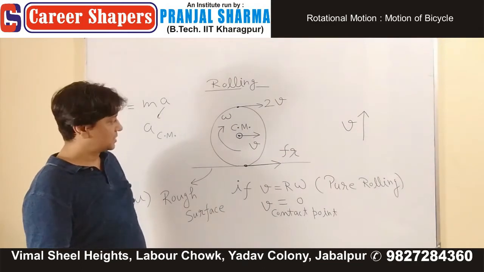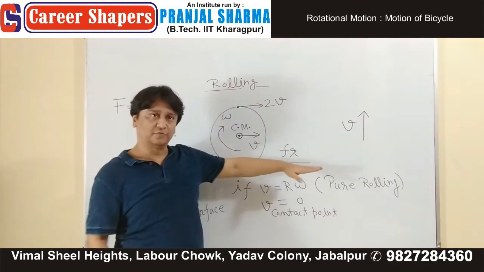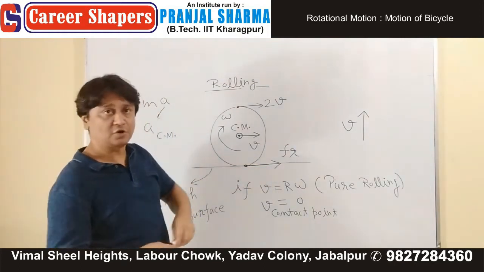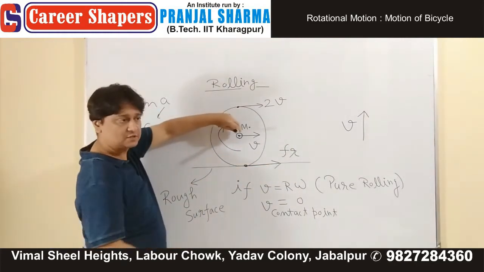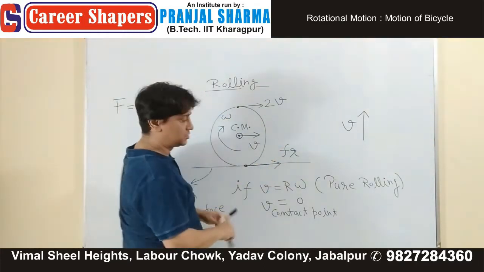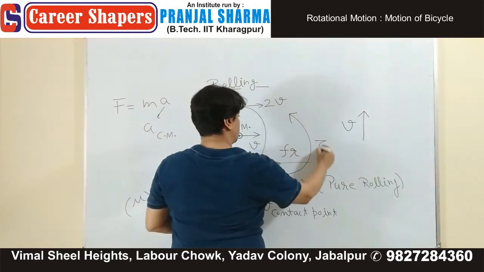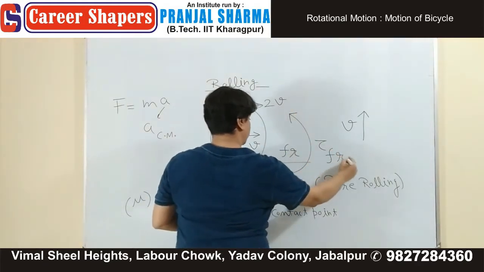Now, about this axis, if this is the direction of force, then what is the direction of torque? Axis, force. This force is going to produce a torque like this. This will be the torque of friction.